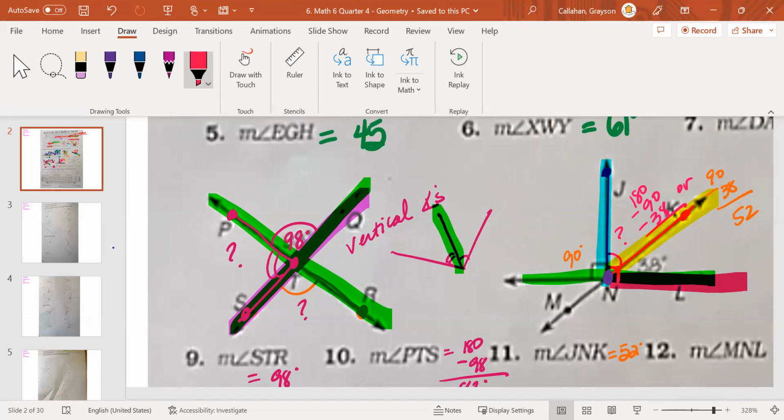I can't tell what you're trying to tell me, but I'm trying to say this angle here, that's 98 degrees, and this angle right here, they are adjacent because they share the side right here. This angle, 98, and this angle, they're not adjacent. They're opposite, so they're called vertical angles.